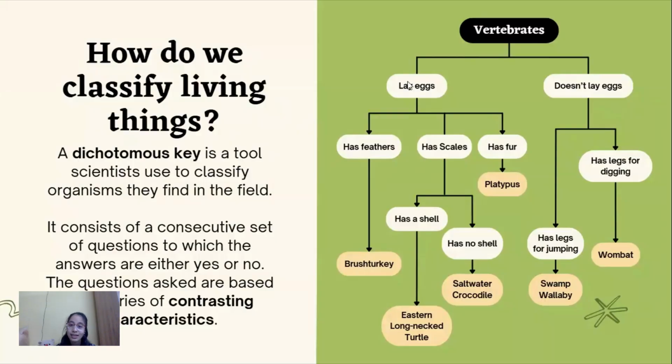The vertebrates that lay eggs and have feathers, for example, the brush turkey. Now, the vertebrates that lay eggs and have scales are again classified into two groups: has a shell, has no shell. The vertebrates that have scales and a shell are again classified in a group, and so on. Please study this diagram carefully and understand it.